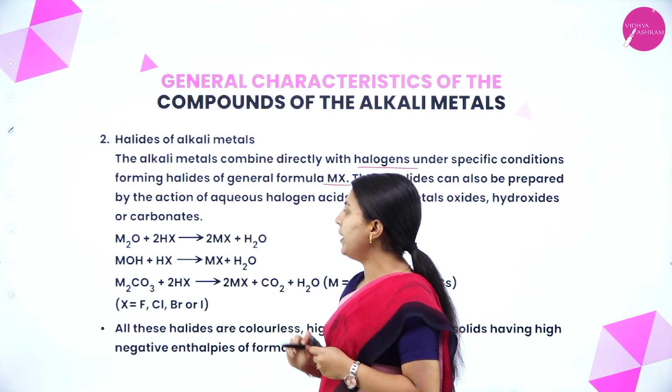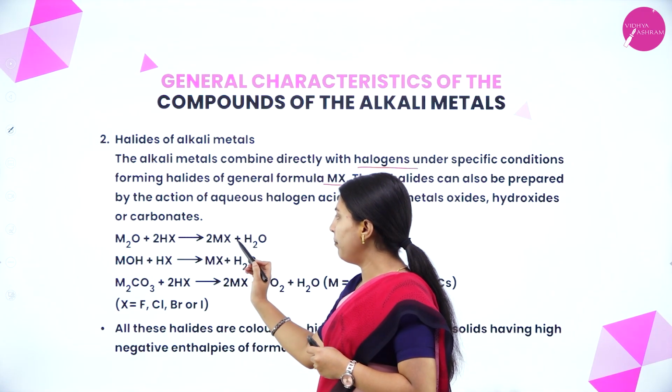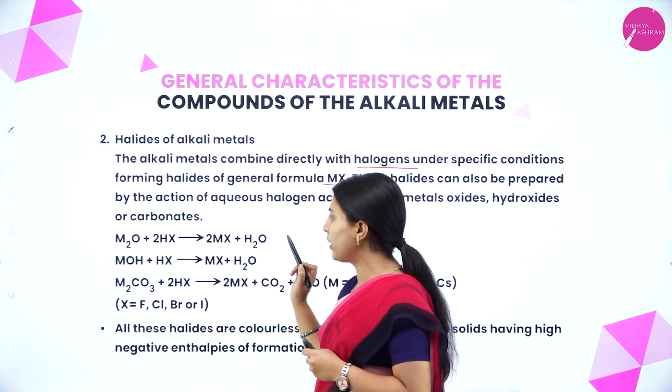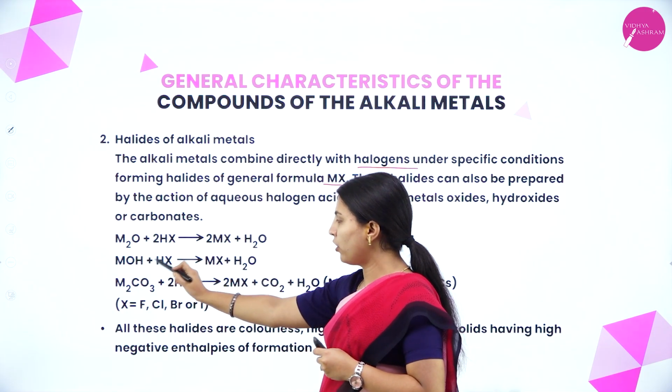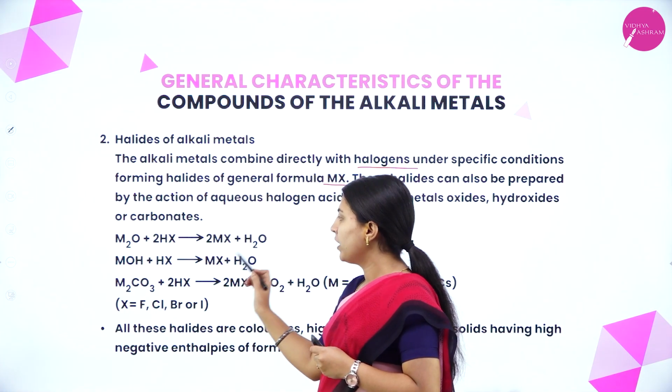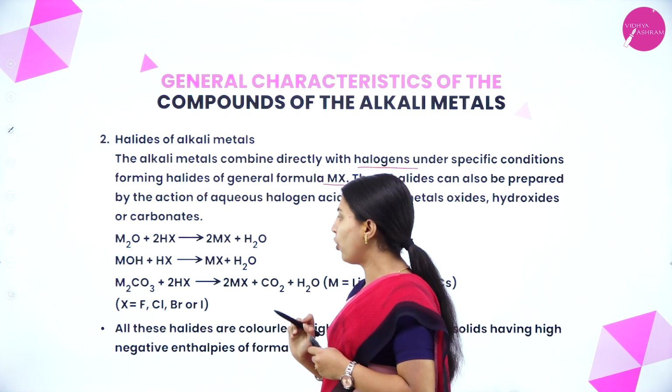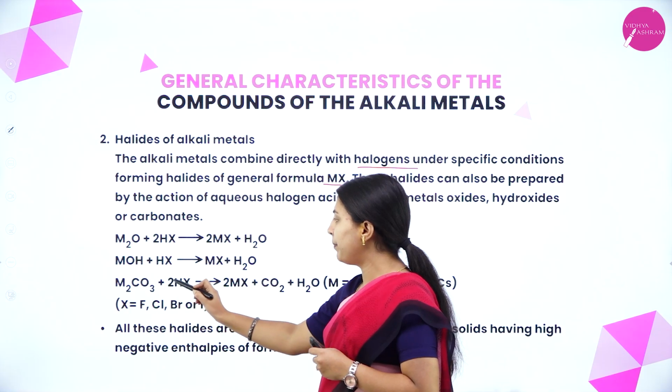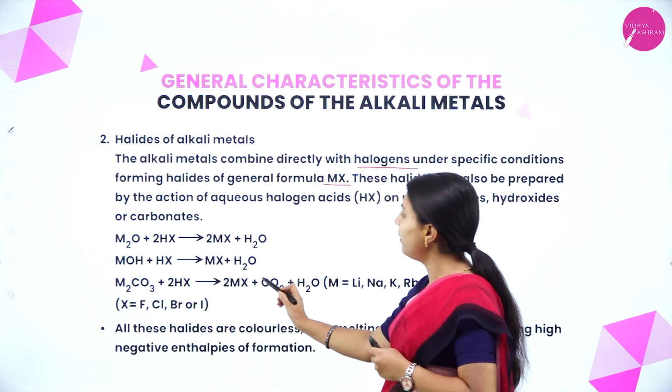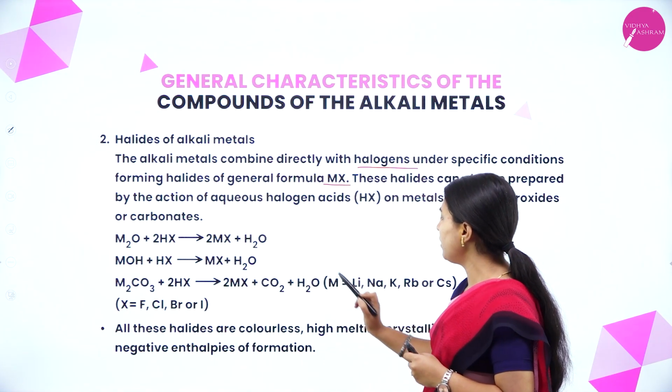Metal oxide plus hydrogen halide will form metal halide with the liberation of water. Metal hydroxide plus hydrogen halide will also form metal halide with water. Metal carbonate plus hydrogen halide forms metal halide plus carbon dioxide plus water.